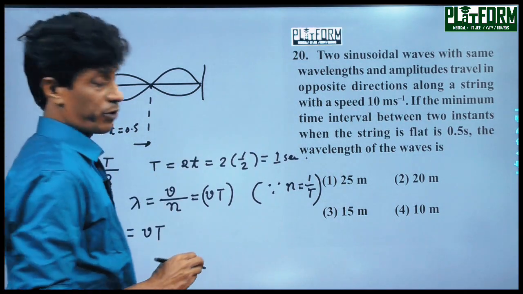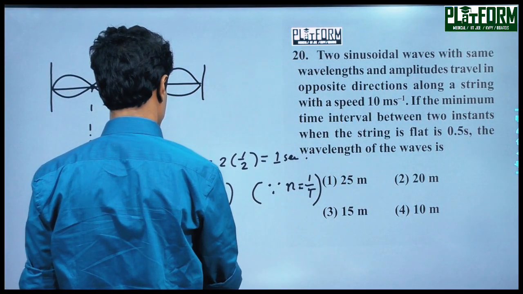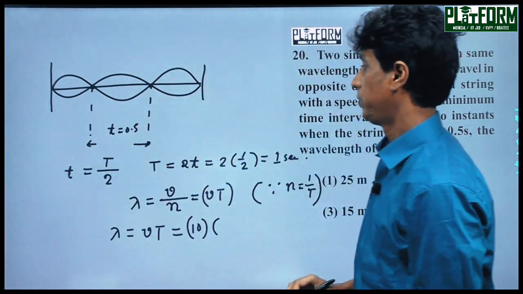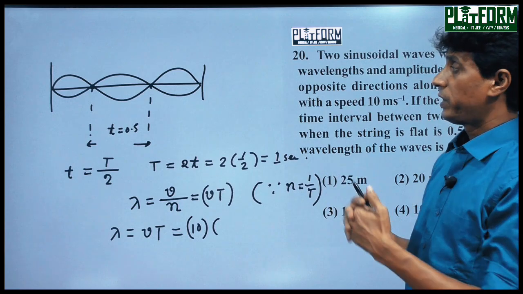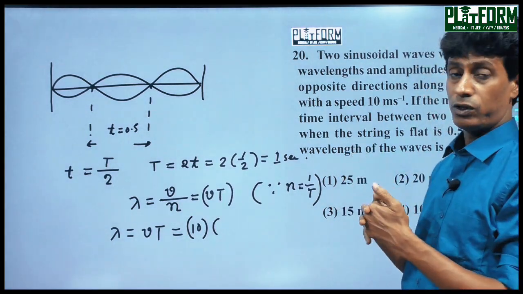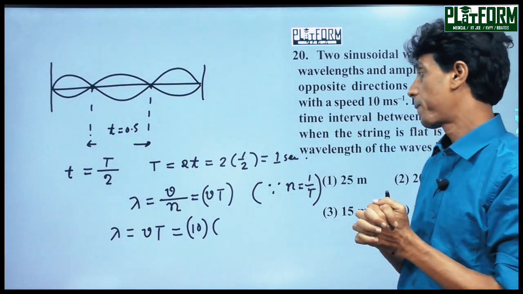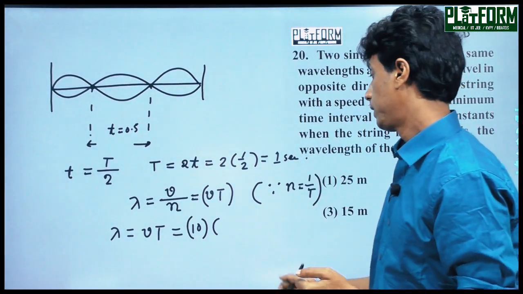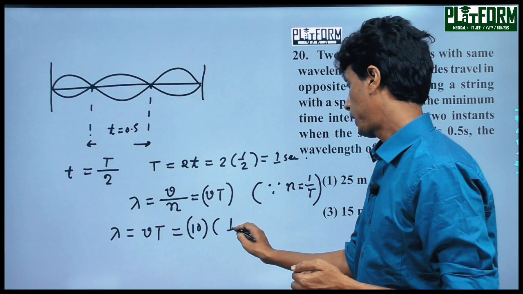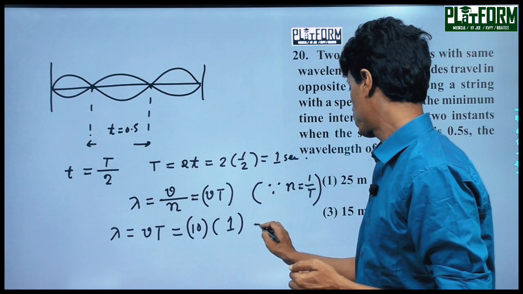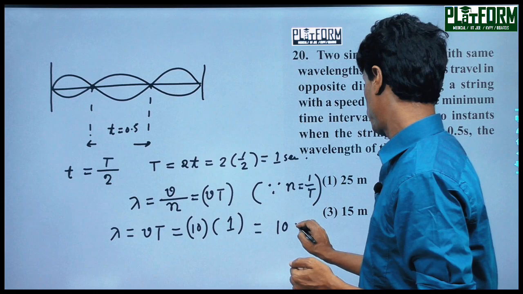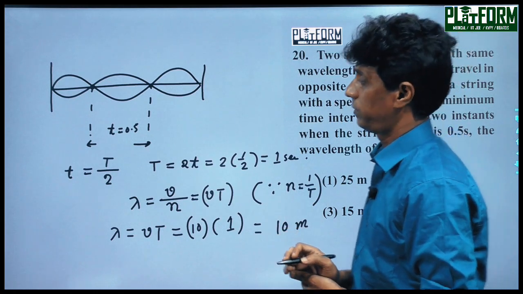The velocity given in this problem is 10, and the time period, in the case of the standing wave formed by two waves moving from opposite directions through the string, is 1 second. So the wavelength of the wave is 10 meter.